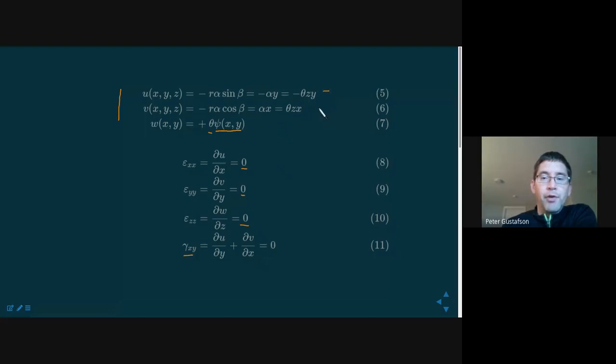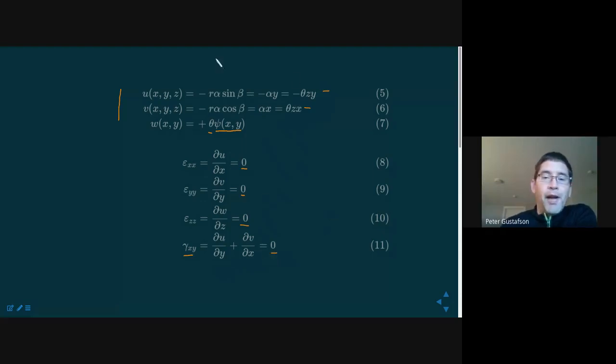So this one's u. We take the derivative of that with respect to y, we get theta z, and it's negative. Plus dv dx, we take the derivative of this with respect to x, and we get theta z, and it's positive. So minus plus the same quantity obviously is going to be equal to 0.